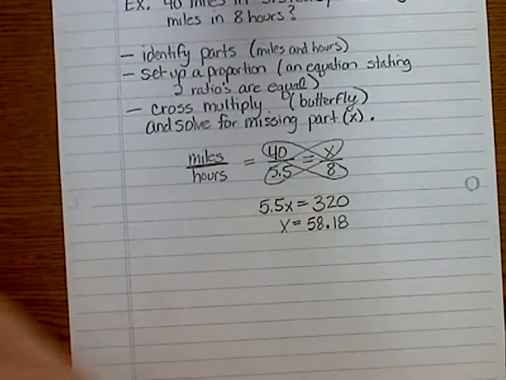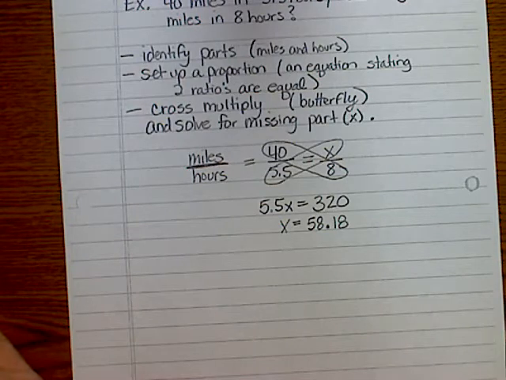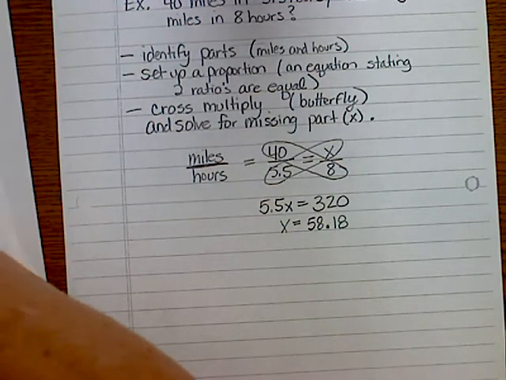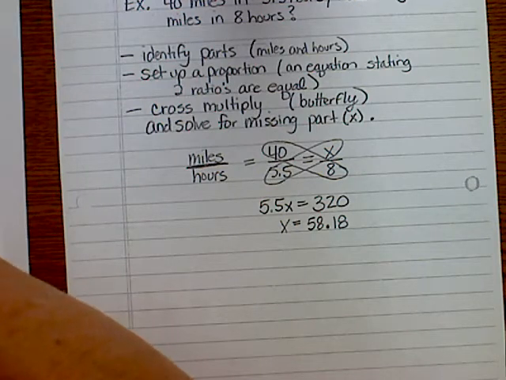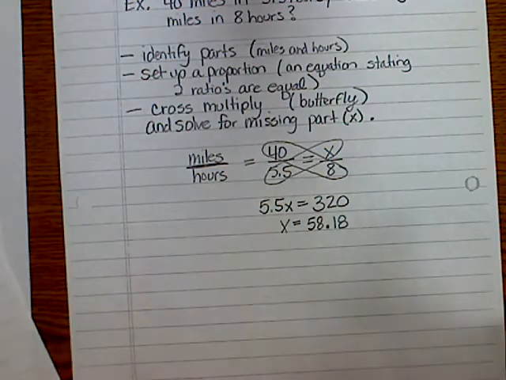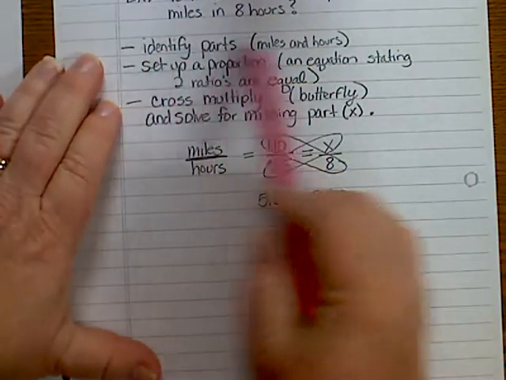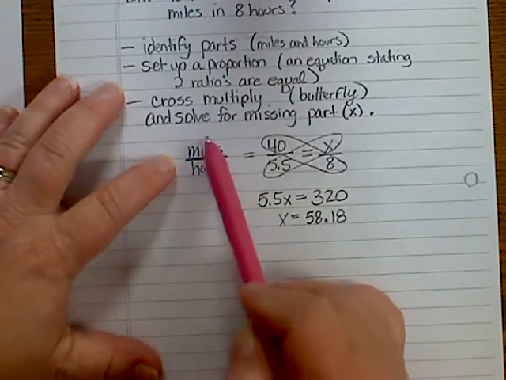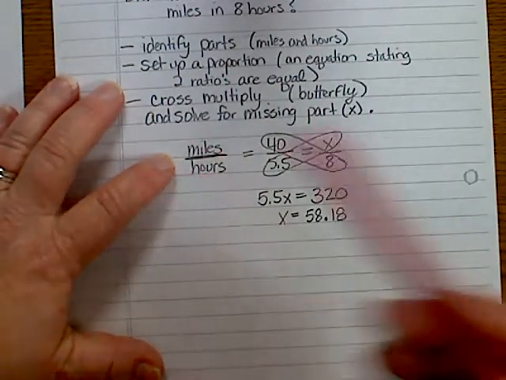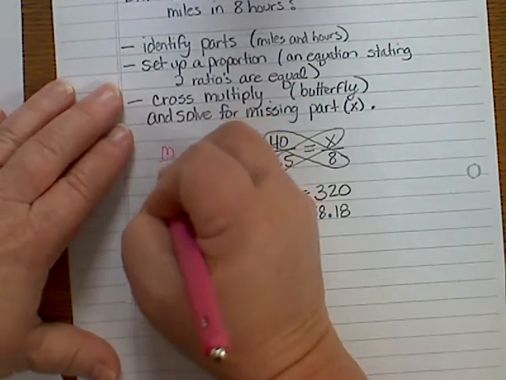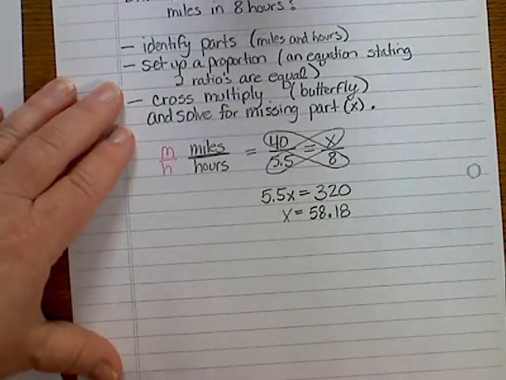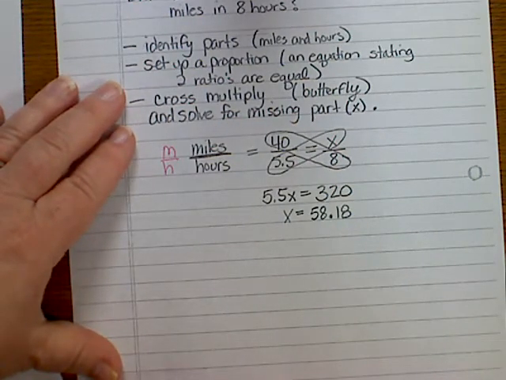Direct variation problems, this is the other topic that we're going to talk about today. Example: 40 miles in 5.5 hours, how many miles in 8 hours? First, identify the parts. You need to give yourself some sort of M over H. I'm all about being lazy, but at least identify it somehow.